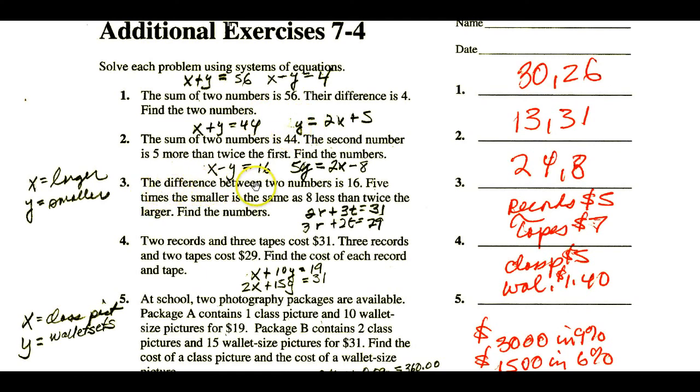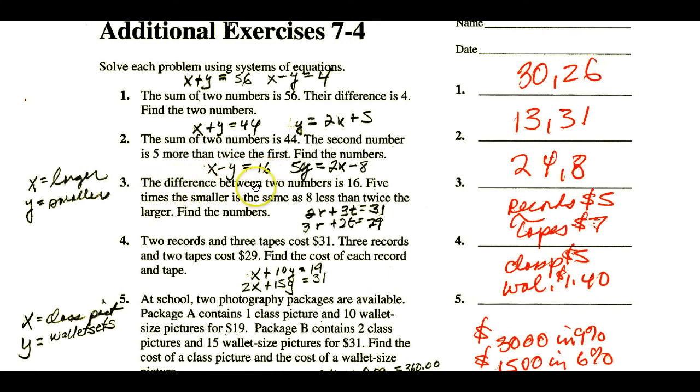The difference between two numbers is 16. All right, now here what I'm saying is let x equal the larger number, y will be the smaller number. Now we know the larger minus the smaller is 16.